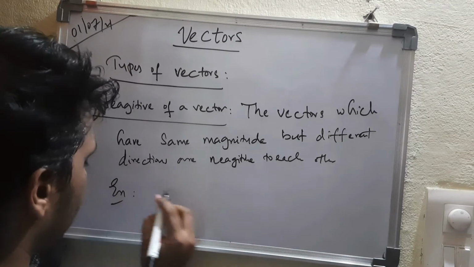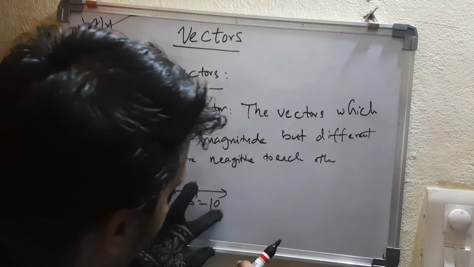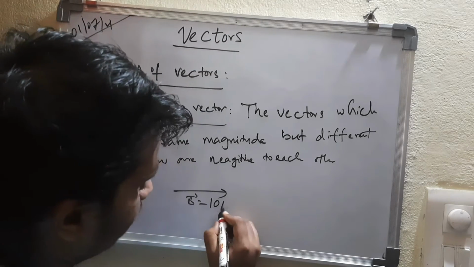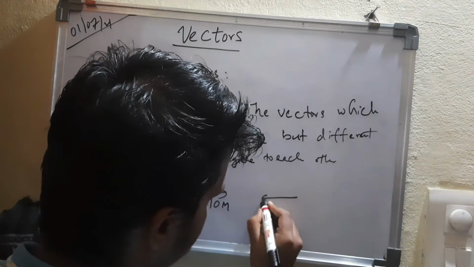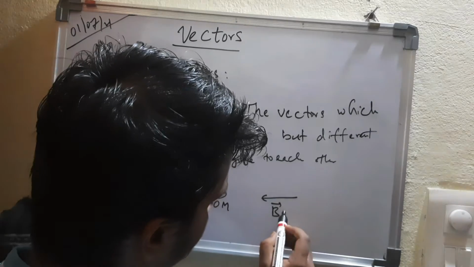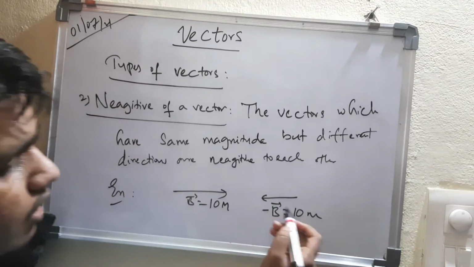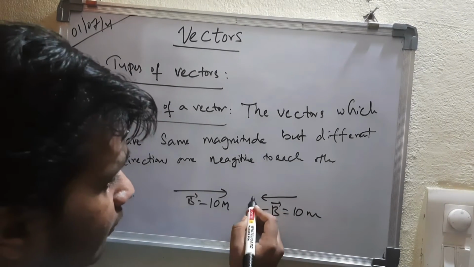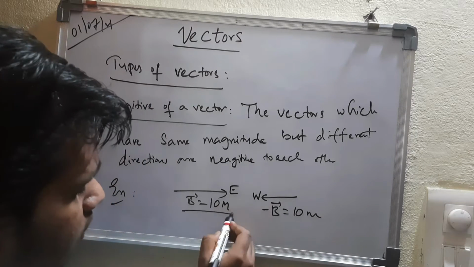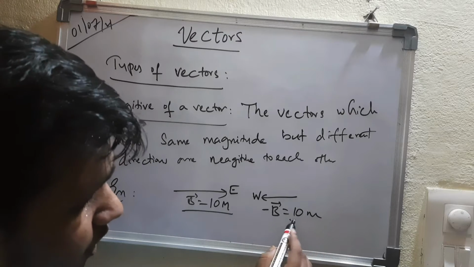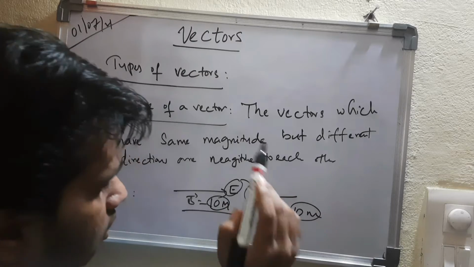Example, this is a vector B of 10 meter, and this is minus B, negative, same magnitude and different direction. This is of west direction, this is of east direction. Okay, 10 meters towards east, 10 meters towards west. So same magnitude, different direction. Okay.